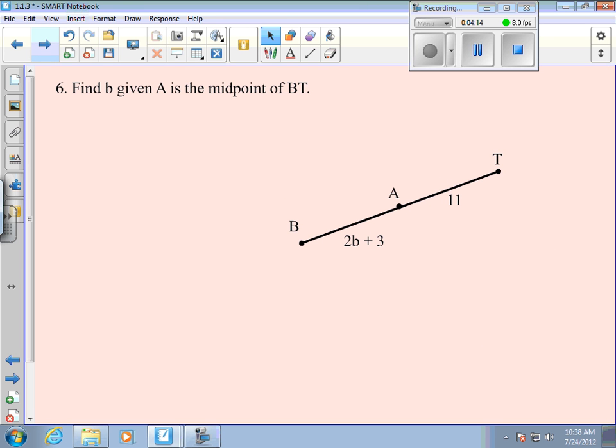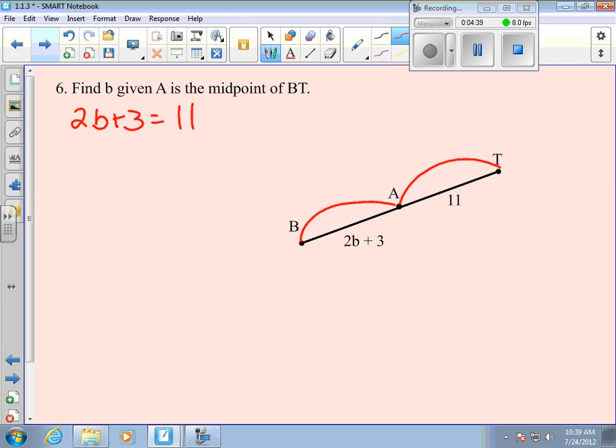All right, so let's use our midpoint formula and ideas for these next few problems. So 6 says find B given A is the midpoint of BT. So if we know A is the midpoint of BT, we know that BA is going to be equal to AT. So we can find B by setting 2B plus 3 equal to 11.